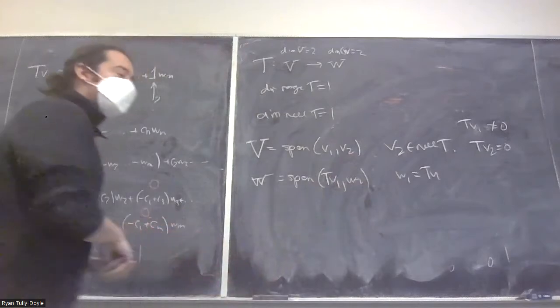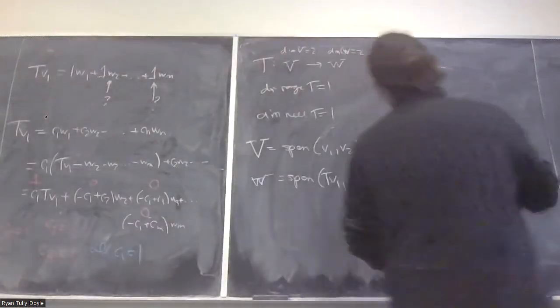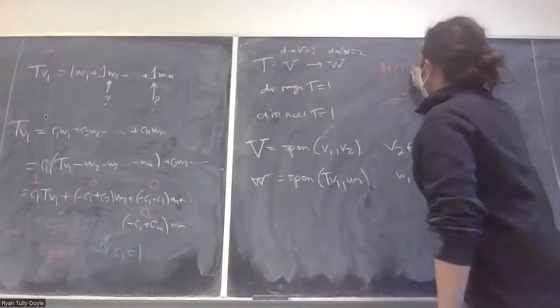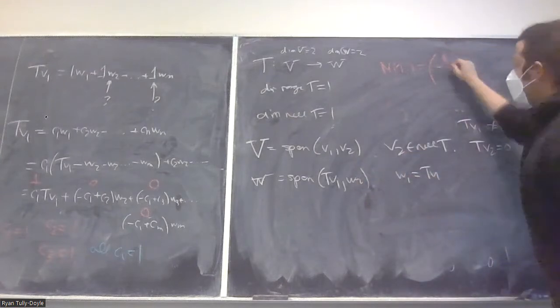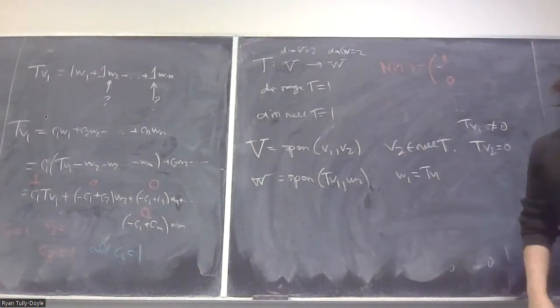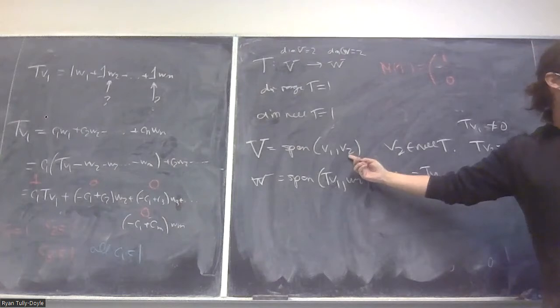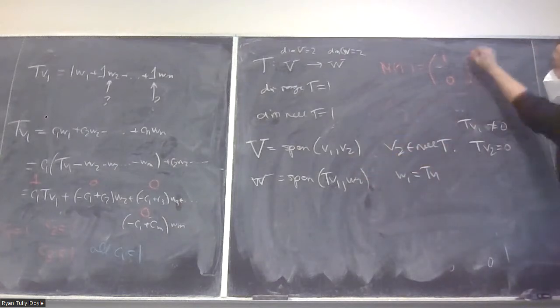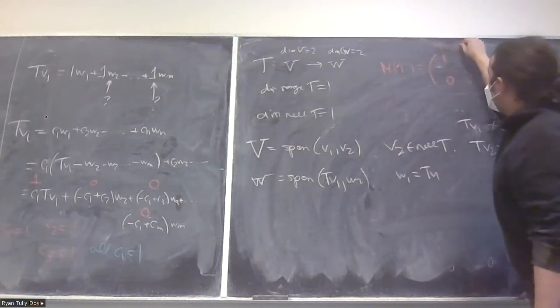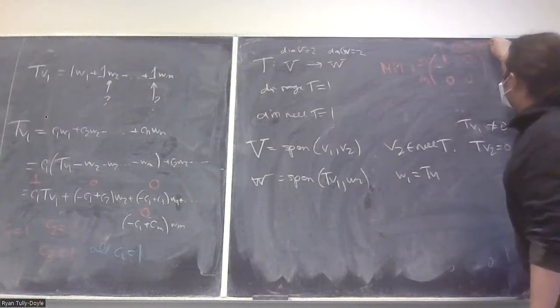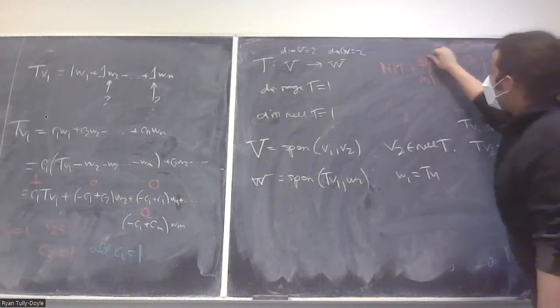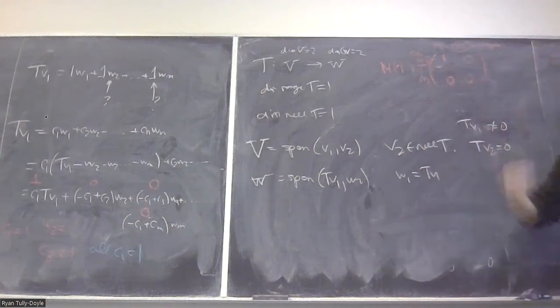If you compute the matrix for this setup, the matrix of T is going to get you, well, TV1 is going to give you 1, 0. And TV2, well, V2 is in the null space, so you get 0, 0. So with this setup, V1, V2, W1, W2, where V2 is in the null space and W1 is TV1, that's all you can get.